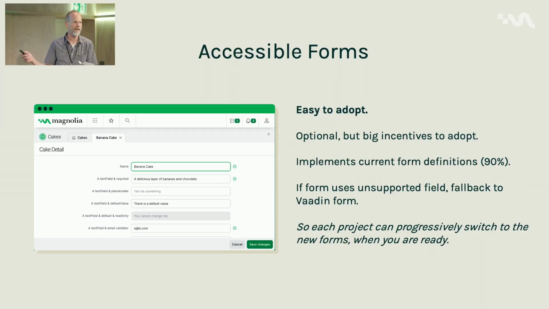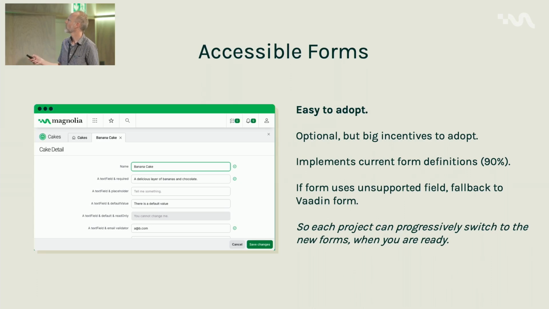So we're going to remove some things, and some things we just haven't had a chance yet to convert. So we're starting with all of the key forms and properties, fields that are part of standard Magnolia. But of course, you may be using an extension which has a custom field, or the project might have a custom field.